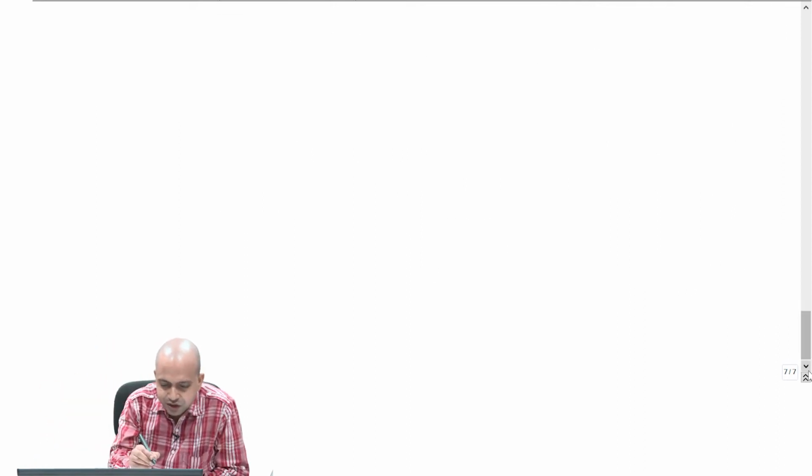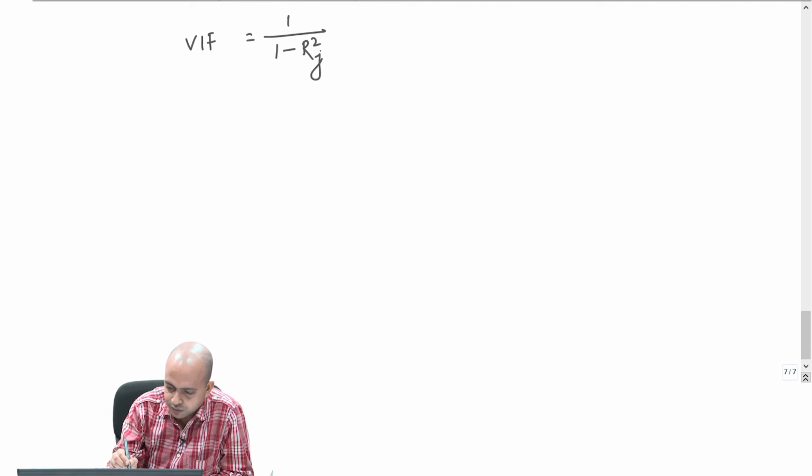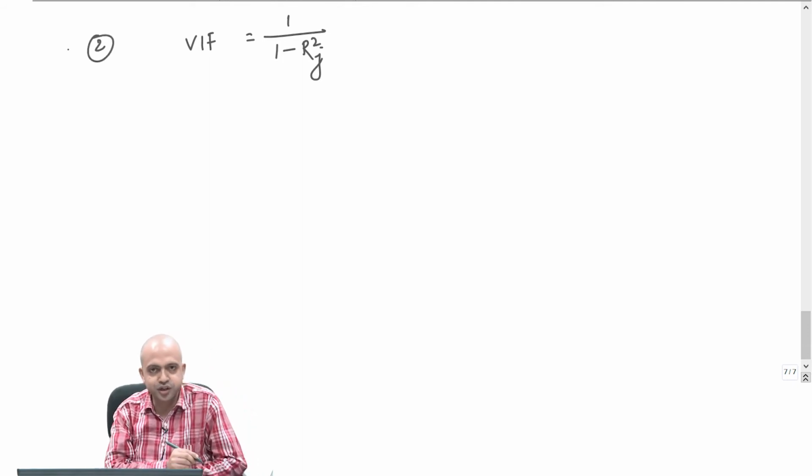And what is the other measure that is simple to apply also? That is VIF, that means 1 divided by 1 minus r squared j. This is the other way of detecting this.